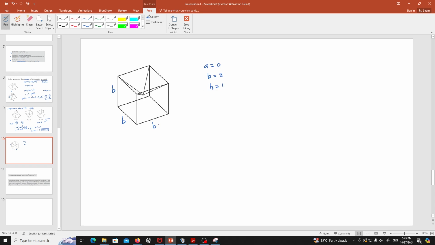In this cube also B is 2, so 2, 2, and 2. So what is the volume of this cube? The volume of this cube is 8.